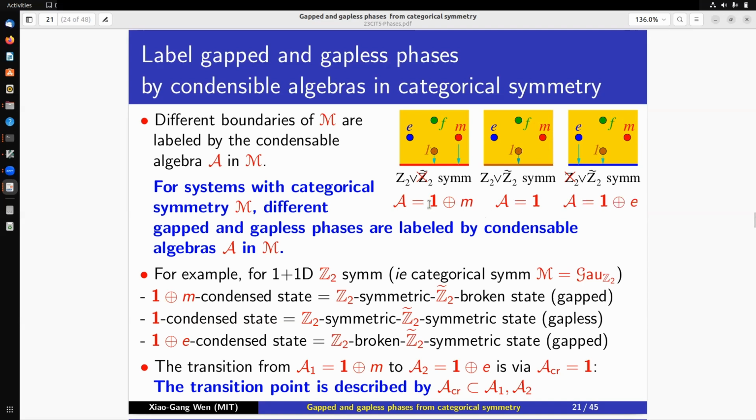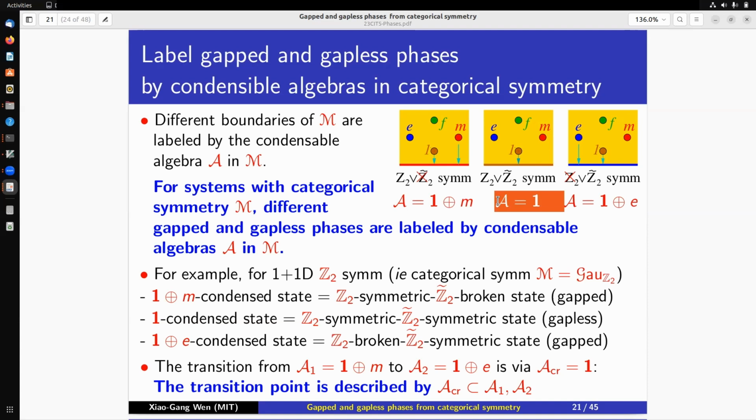Because any condensable algebra contains the identity, the trivial anyon, any pair of condensable algebras contains at least this one. So that seems to suggest that we can always fine tune parameters to obtain a continuous, multi-critical transition described by this condensed algebra. So actually, that's one conclusion, a suggestion from this picture.